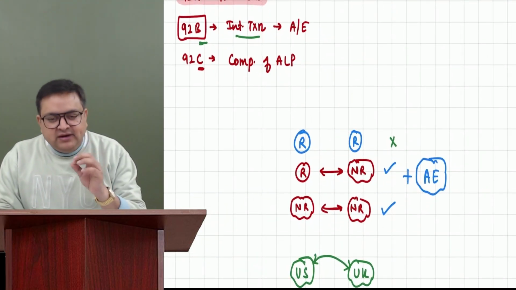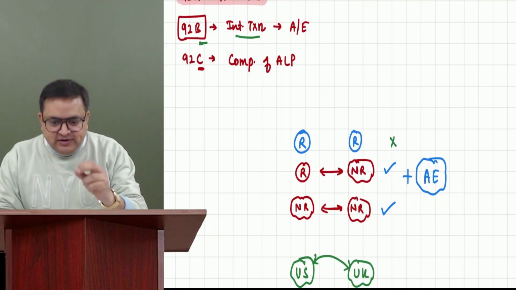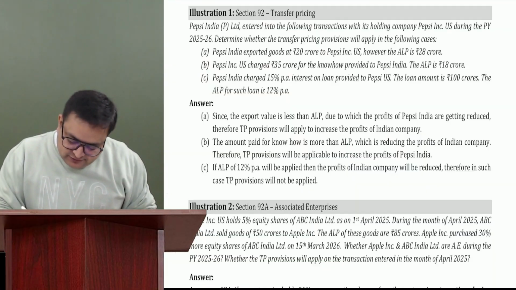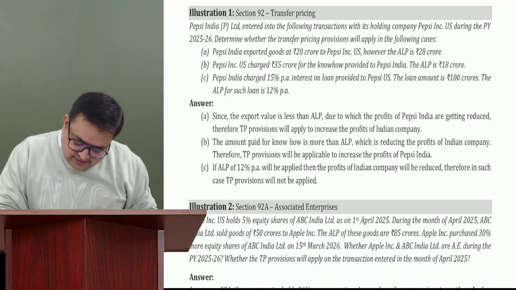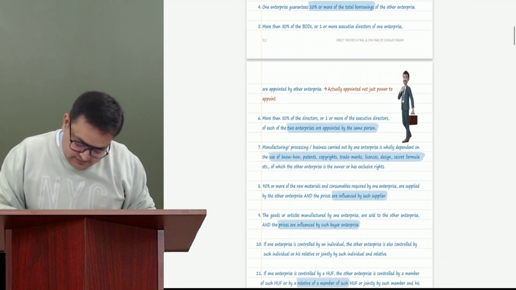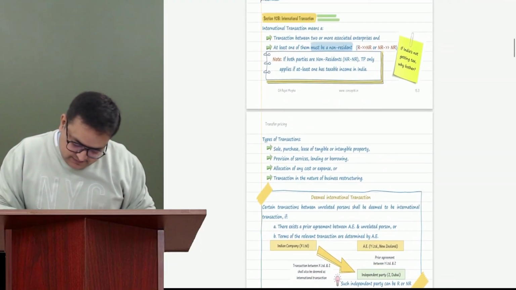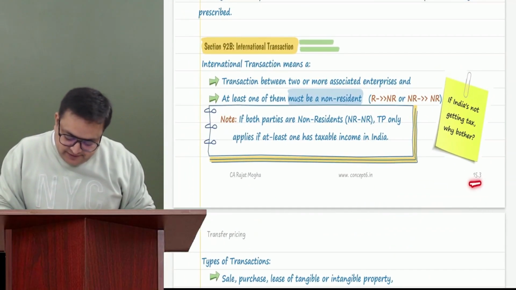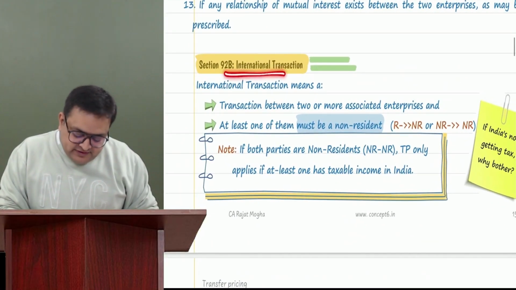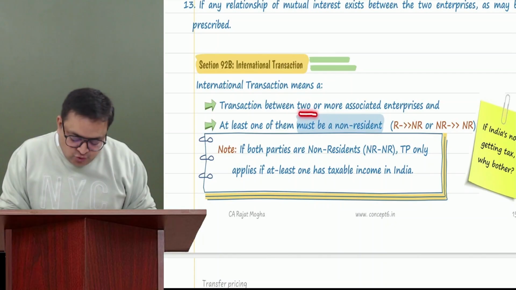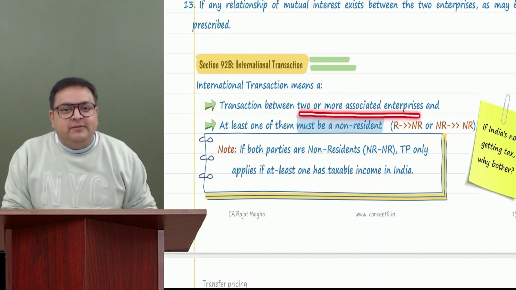There is one more thing, deemed international transaction. I'll tell you about deemed international transaction after 15 minutes. See, this is on page number 15.3. What is an international transaction? International transaction means a transaction between two or more associated enterprises.